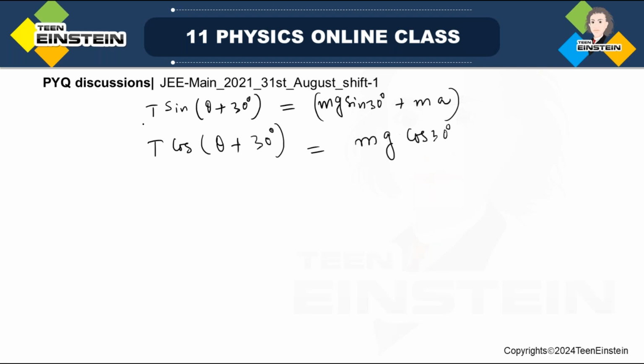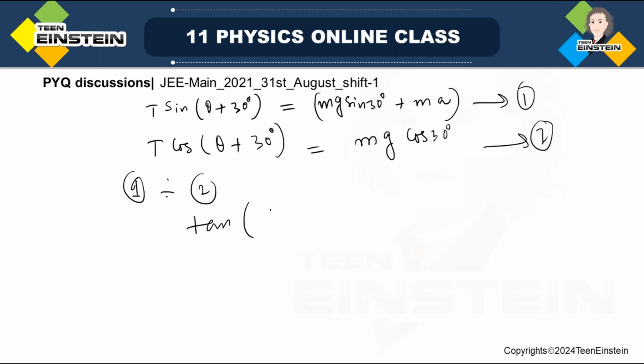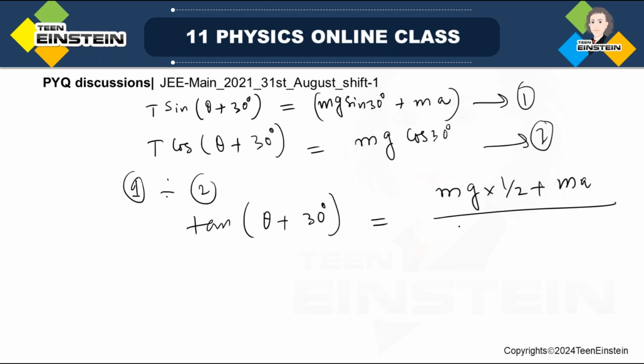If I divide these two, I get tan of 30 plus theta equal to mg into half plus m into a, divided by cos 30, that means root 3 by 2, root 3 mg by 2.